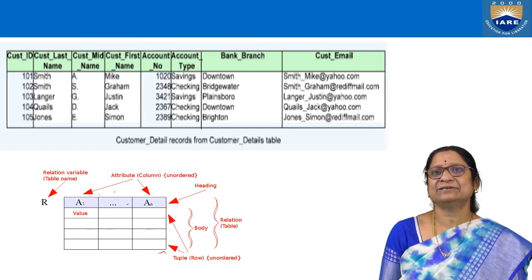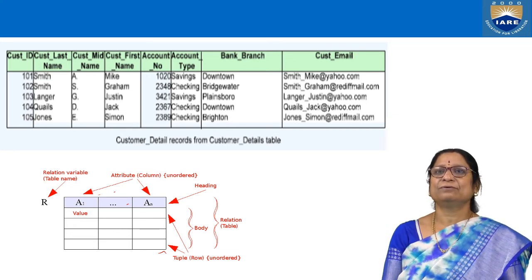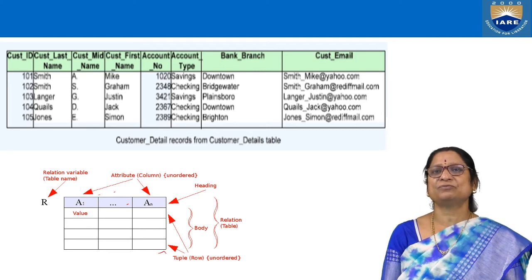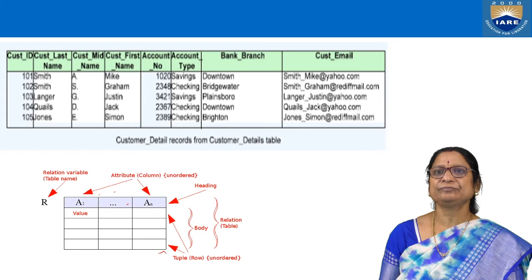Each row is considered a record and each column is a field. So a set of attributes and a set of tuples are there, and the data is arranged in the form of a table, then it is called a relational model. So we will call it a table or a relation.